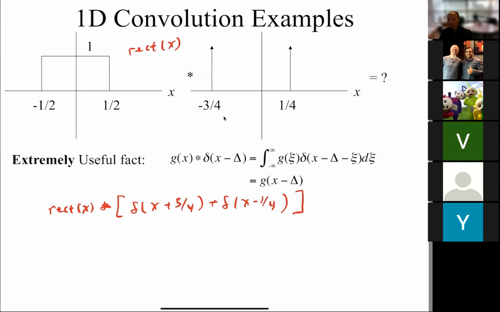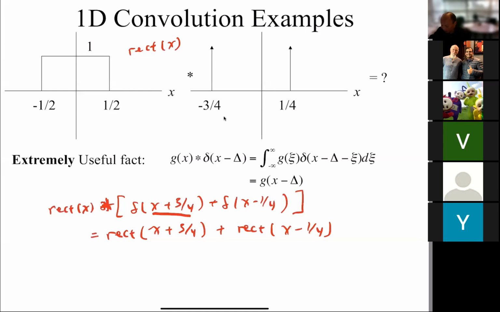First we'll write down the solution analytically, and then we'll draw it out. So this convolution is rect of x plus 3/4 plus rect of x minus 1/4. Okay, so the solution is very simple. Essentially, you can just take your function and replace its argument by the argument of the Dirac delta function.